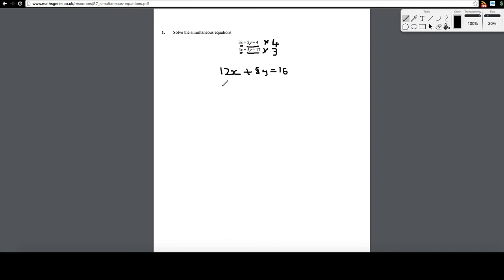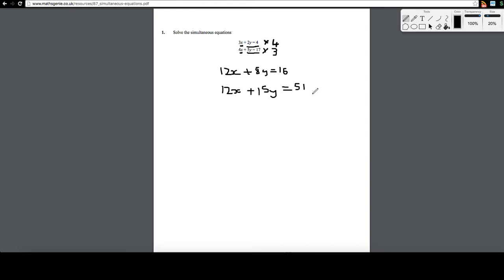And the second equation is going to be 12x, once again, that's what we wanted, the same numbers. Could have done y, but we chose to do x, plus it's going to be 15y, because 5 times 3 equals 15, and it's going to equal 51, because 17 times 3 is 51.